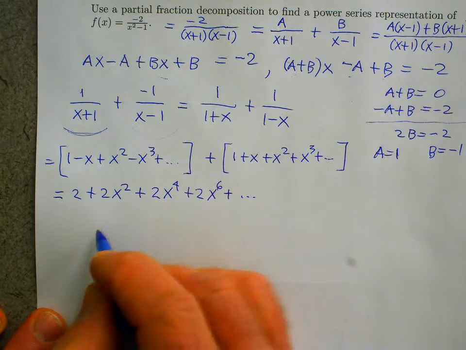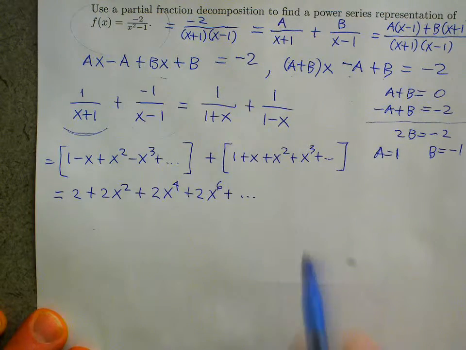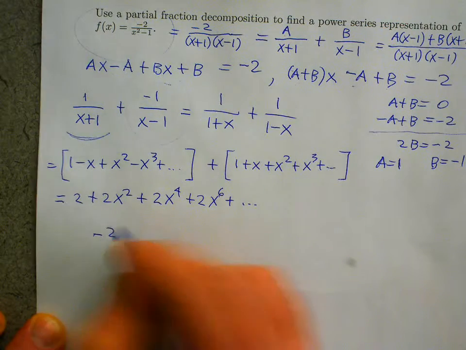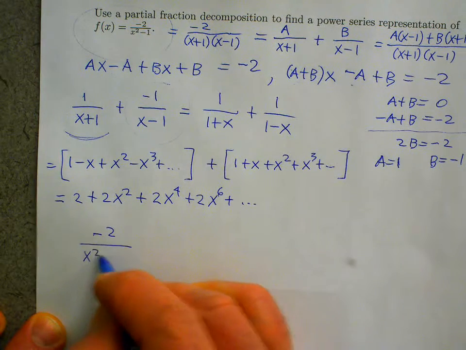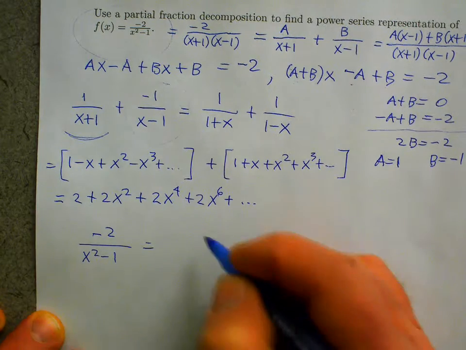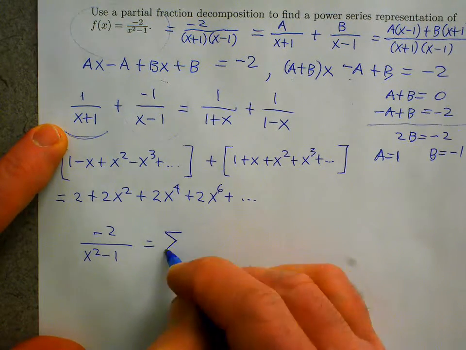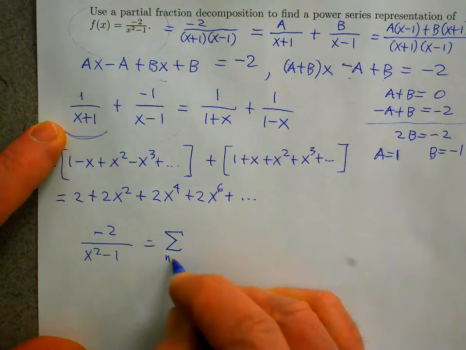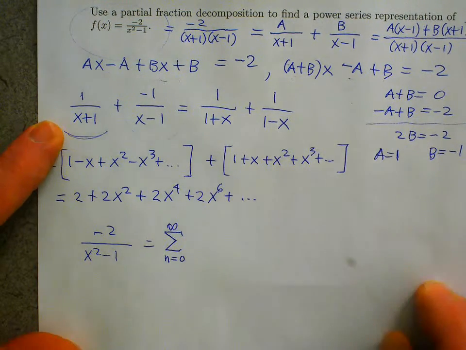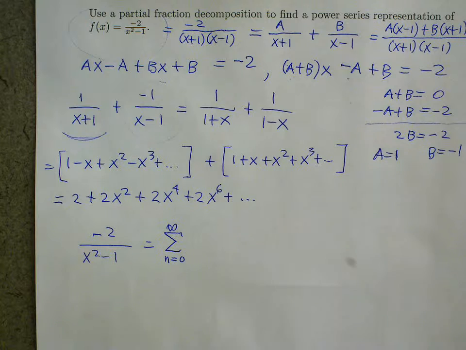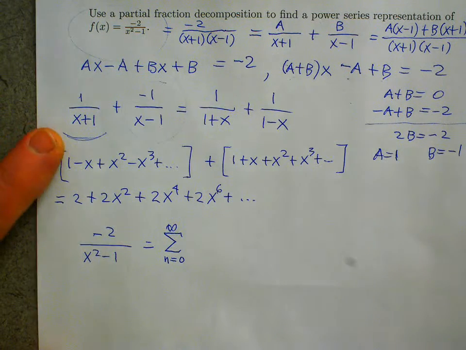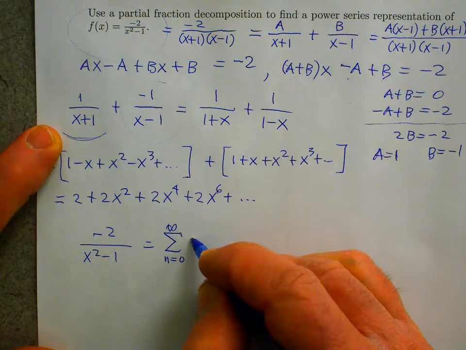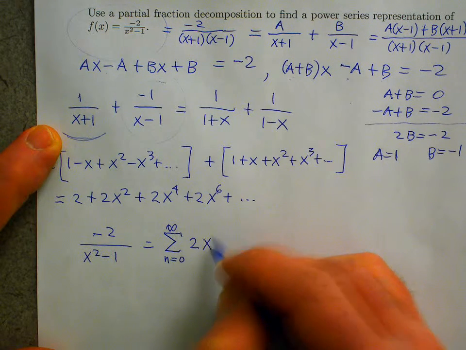So we can write our original function, negative 2 over x squared minus 1, as the series starting at n equals 0 and going to infinity. So what are the terms? Two x to the 2n. Exactly, 2 times x to the 2n.